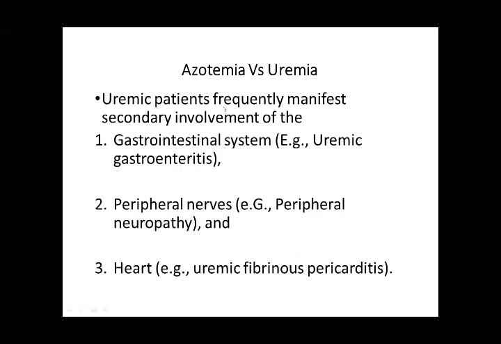A uremic patient frequently manifests secondary involvement of the gastrointestinal system, for example uremic gastroenteritis, peripheral nerves, for example peripheral neuropathy, and the heart, for example uremic fibrinous pericarditis.